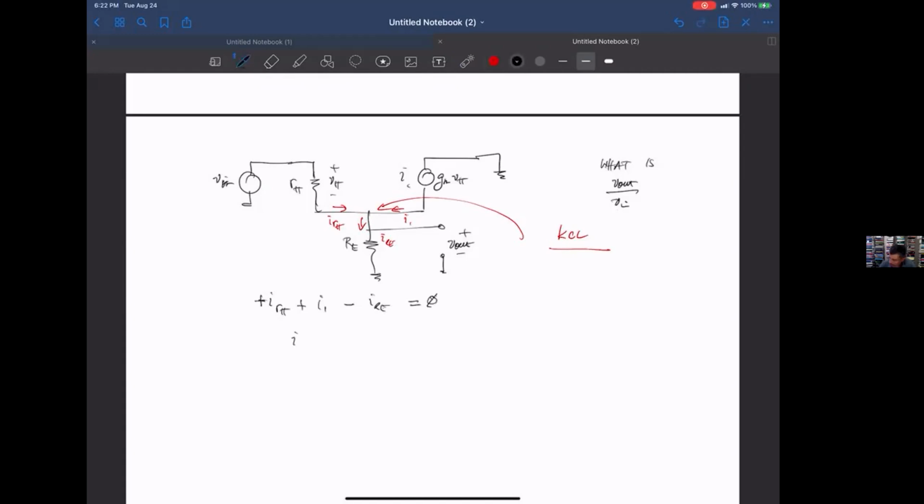Or I sub RE is equal to I sub R sub pi plus I sub 1. Now let's try to figure out the values. Remember we want Vout and Vin, so we're going to start populating this in terms of Vout and Vin.